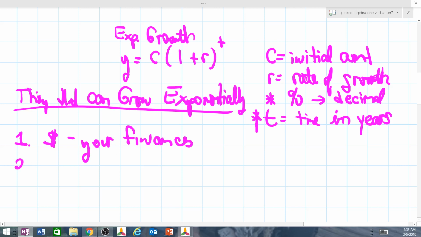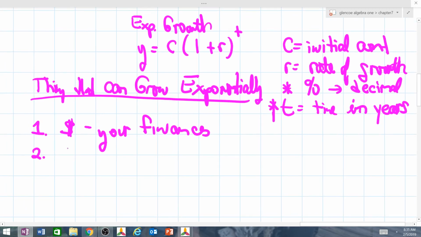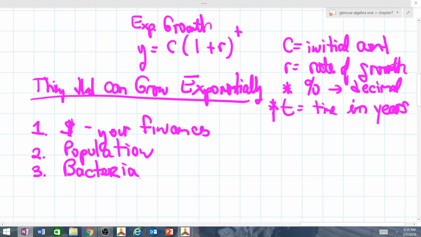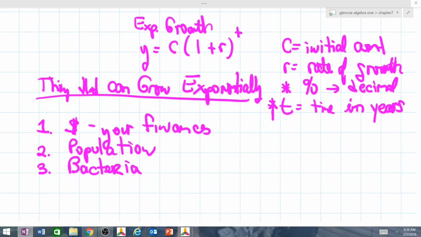What else could grow exponentially? A population. How about bacteria? A bacteria could grow exponentially. We've seen that before in problems where there might have been so many bacteria present on day 1, and on day 7 there's an outright explosion of bacteria.